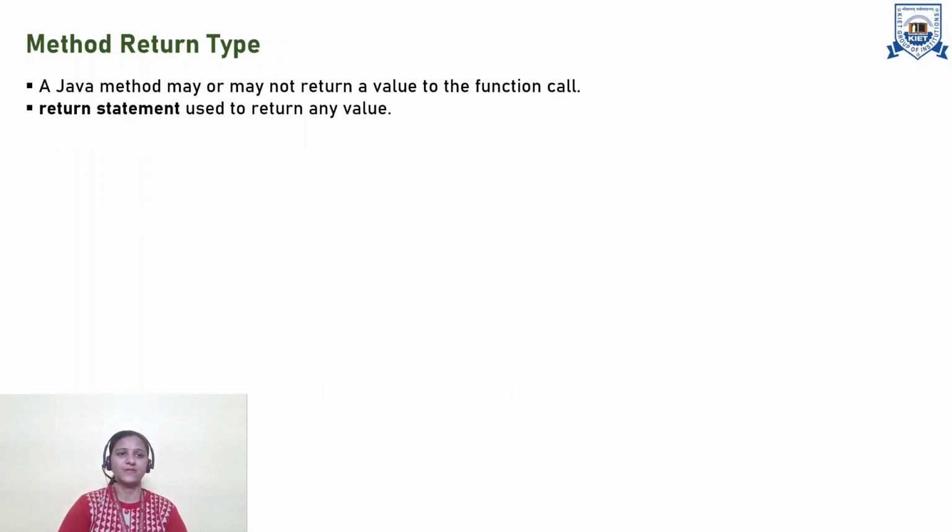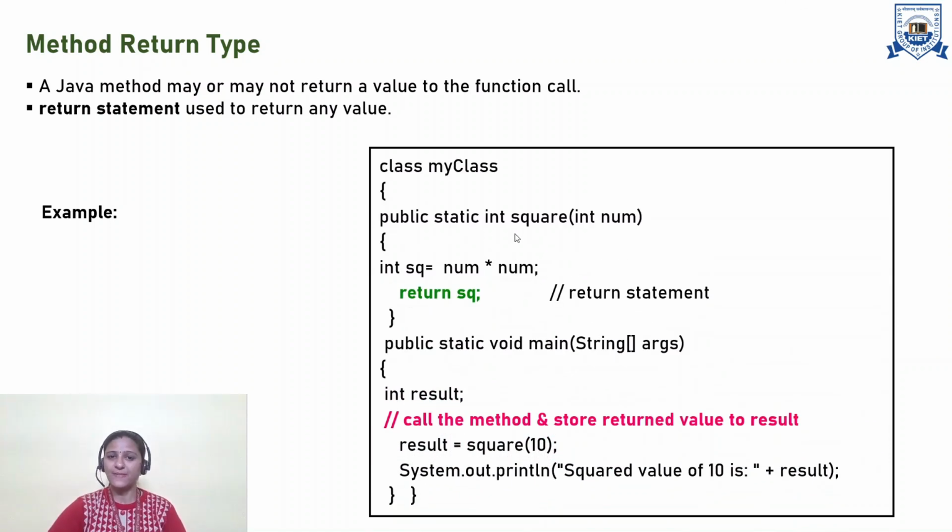Now method return type. A Java method may or may not return a value to the function call. Return statement. For this, the return keyword is used to return any value. So in this example, we have made a method named square, and it is accepting an integer value in the parameter num. It is going to return an integer value.